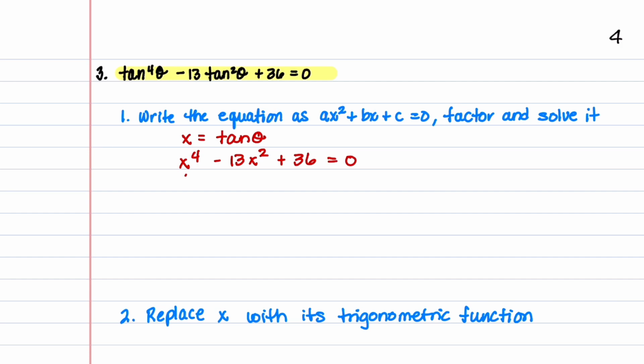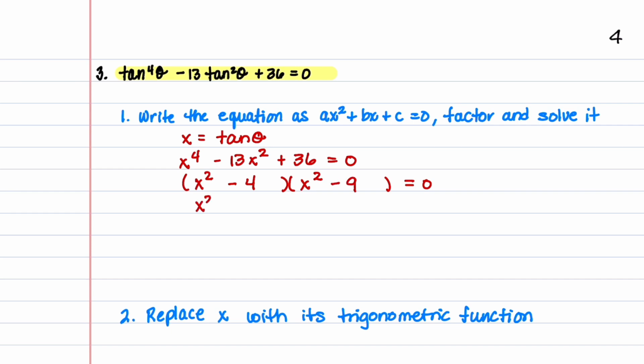We can factor this in terms of x squared. So we have an x squared here, an x squared here, and we look at factors of 36. So there's 6 and 6, that won't work. There is 9 and 4, that's going to work. So we have an x squared minus 4 and an x squared minus 9.